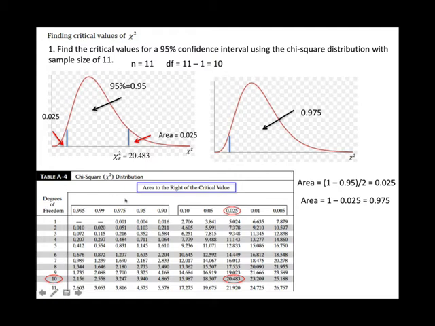Look at Table A4: 0.975 with 10 degrees of freedom gives 3.247. So that is chi-squared to the left. Let me write it down here. This is how you find the critical values using Table A4.